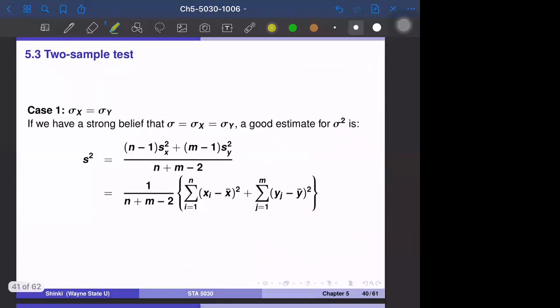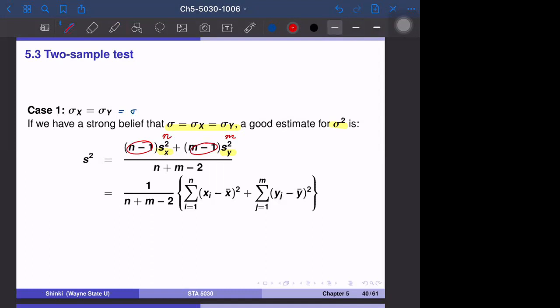Sigma x is equal to sigma y. In this case, we estimate only one sigma, so we use both the information of x and the information of y to estimate sigma. Sigma is estimated by the weighted average of the sample variance of x and the sample variance of y. Since x has n observations and y has m observations, we have the corresponding weights.